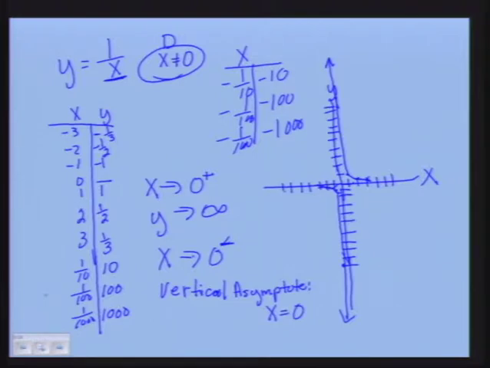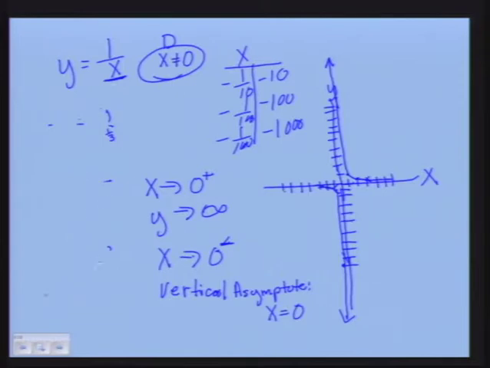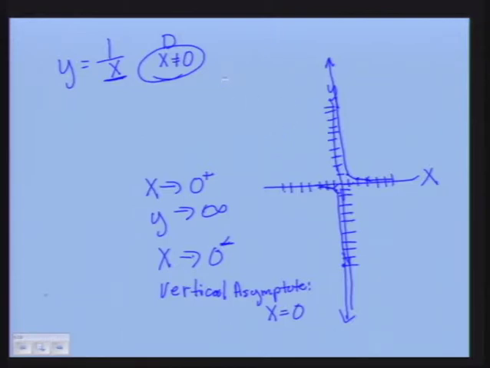The next question we want to know is what happens as x goes way, way out. So let's erase this list of values and start a new one. So we have our x's and y's again.